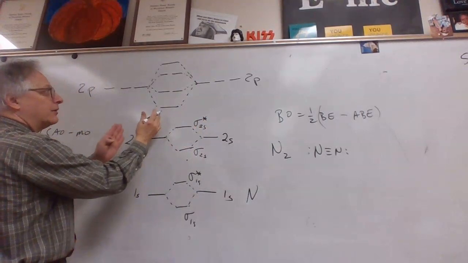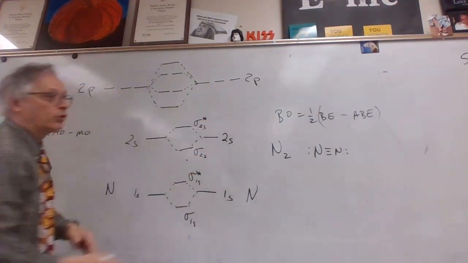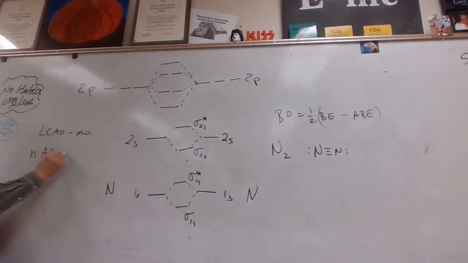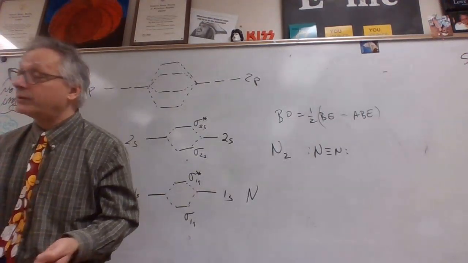Then here we've got 1, 2, 3, 4, 5, 6 atomic orbitals, and n atomic orbitals give n molecular orbitals. So I have to make 6 molecular orbitals.